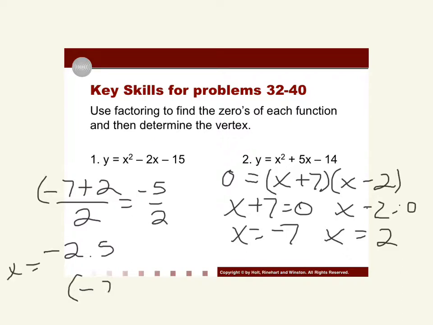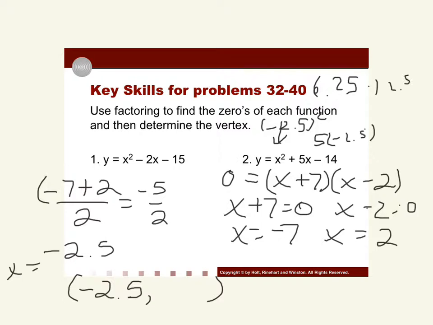Now I have to use that to find the y coordinate that pairs with it, and I substitute it into here. So I have a negative 2.5 squared, which is a positive 6.25. Then I have 5 times a negative 2.5, which is going to be a negative 12.5.